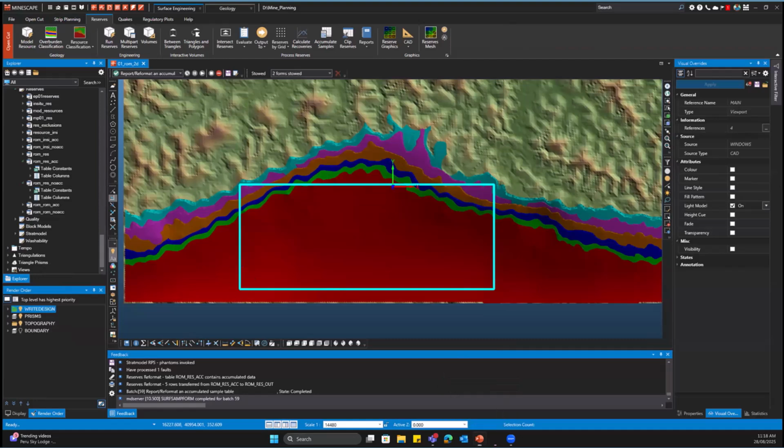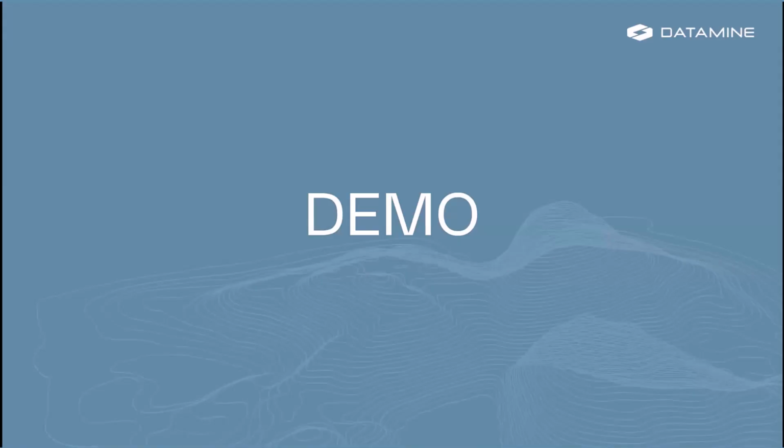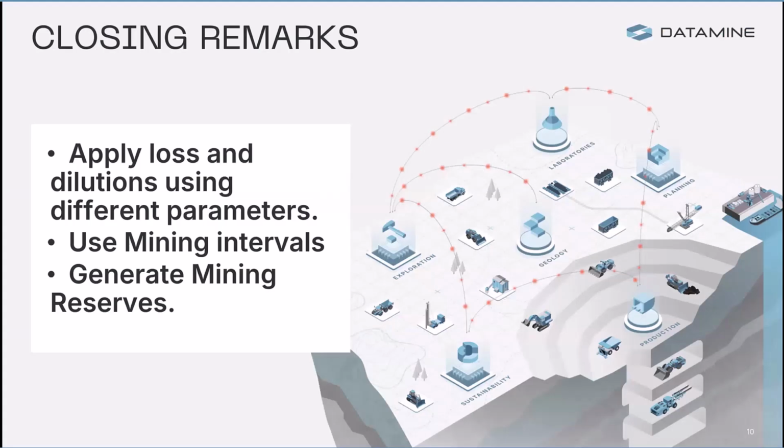So I'll just quickly go back to the presentation for a recap. The closing remark is that we're able to apply the loss and dilution using different parameters as I've shown you. You can use the thicknesses, you can use dilution surfaces, or you can use the percentage. So you have different parameters that you can use, and you can also use the mining intervals as you have seen.